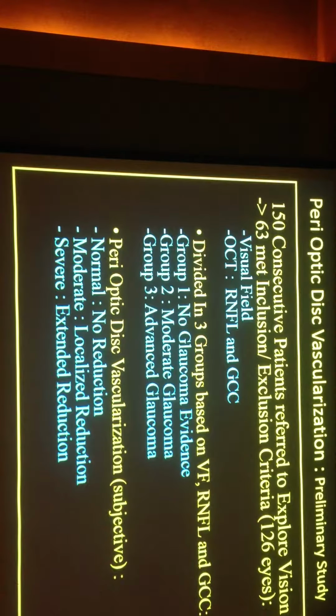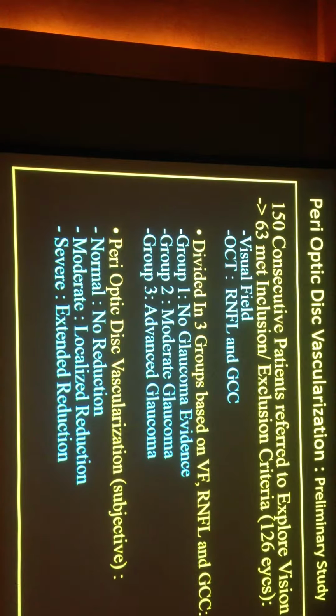We excluded patients with treatment, with surgery, and we studied 33 patients where we have visual field, OCT with RNFL and GCC, and OCT angiography. We divided these patients into 3 groups based on the conventional imaging references.